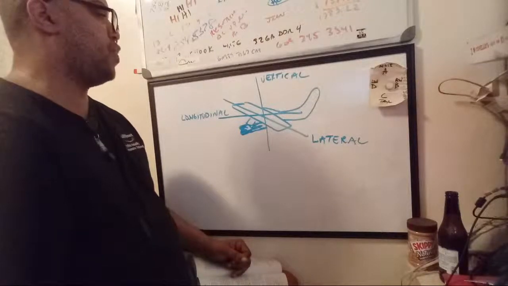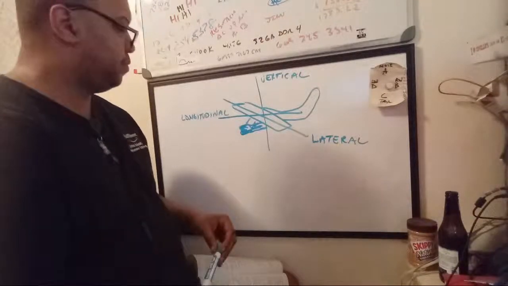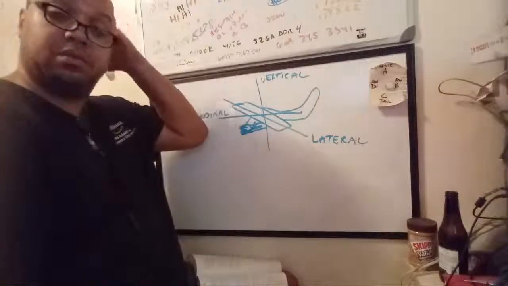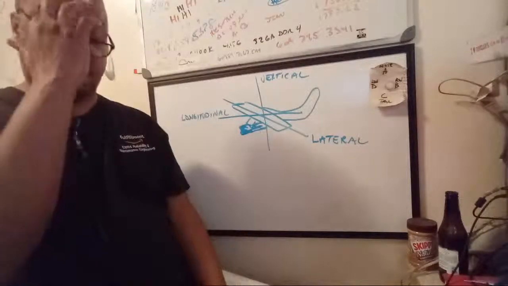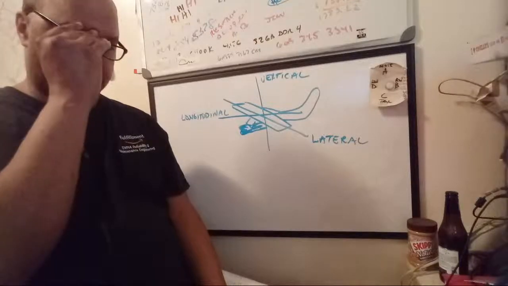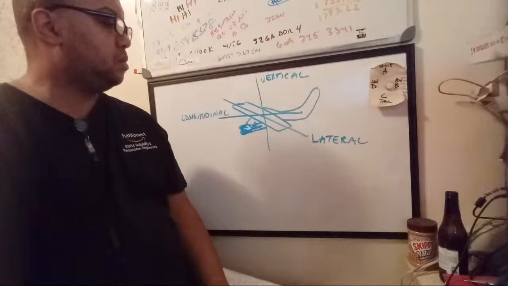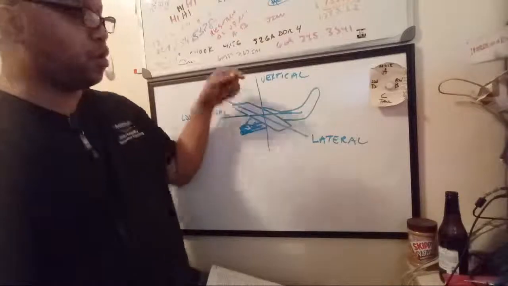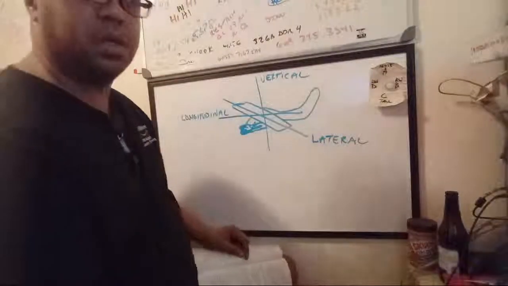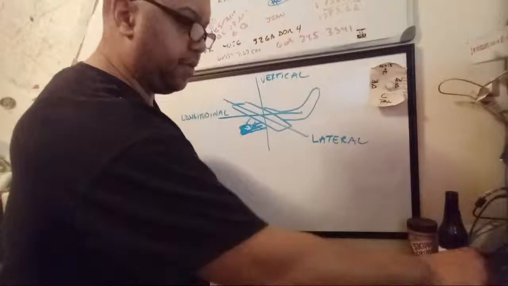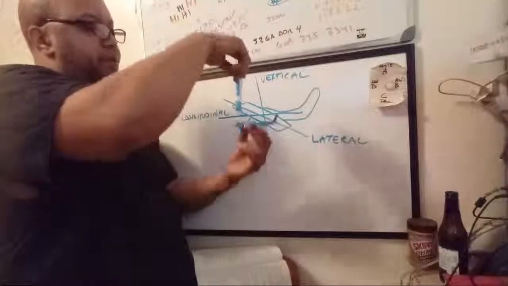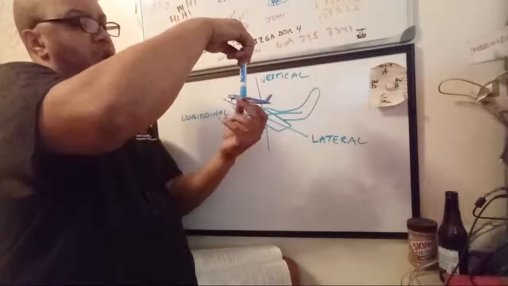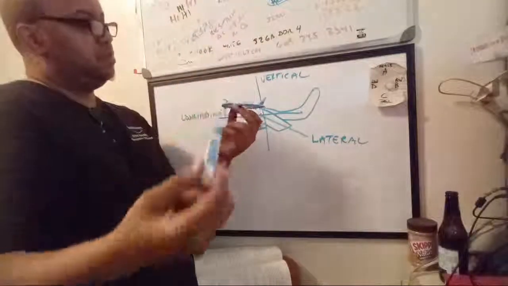Now, what are the movements about these axes? Well, with your vertical, that's what your pitch control is going to be as you move up and down. Well, no. Vertical goes straight up and down, so we would yaw about the vertical axis.